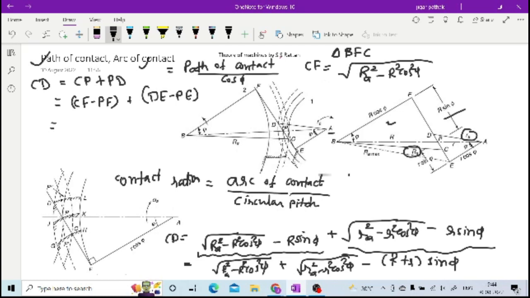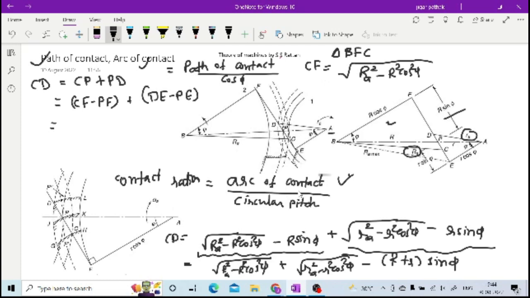Arc of contact, as we have discussed, is available from path of contact divided by cos phi. Once you have that arc of contact, it will give you a certain amount of length of the pitch circle of the gear. Basically, physically, this arc of contact means a particular amount of the base circle is in contact with the meshing gear, and circular pitch gives how many teeth are there in a particular arc.